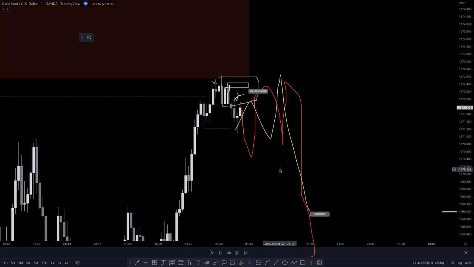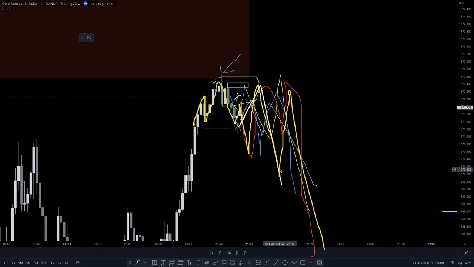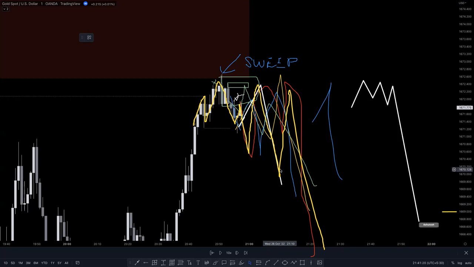And what possible scenario is here? There are a lot of possible scenarios here.